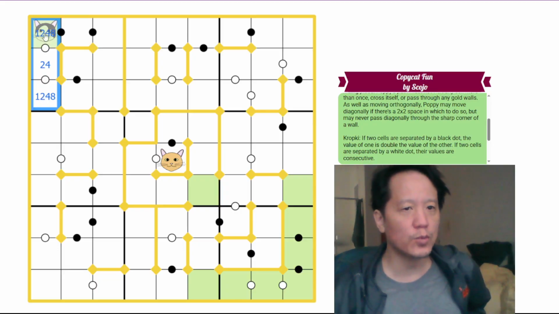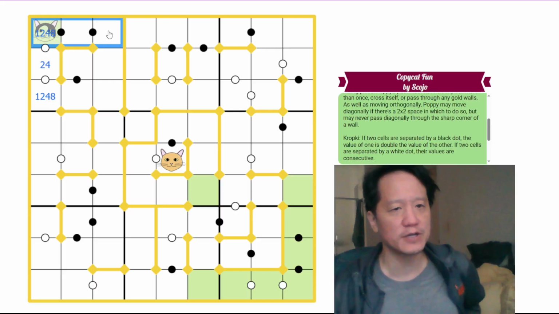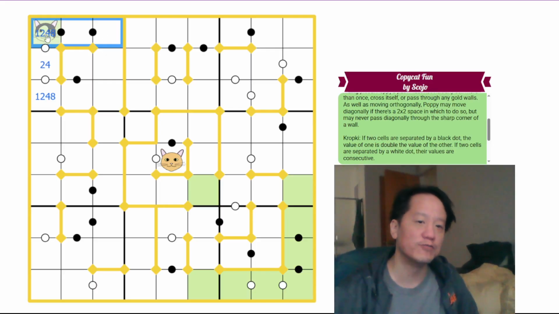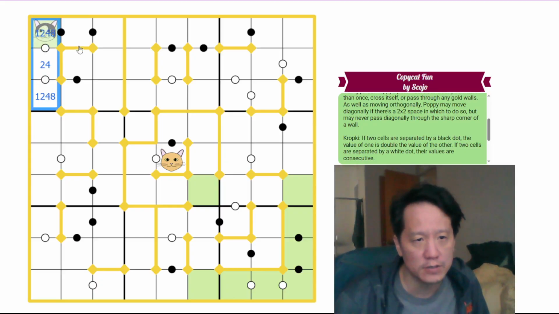So there's no way that this can be non-copycat cells this way. If we try to go copycat cells this way, the problem is that you would have 1, 2, and 4, with 2 and 4 guaranteed here.